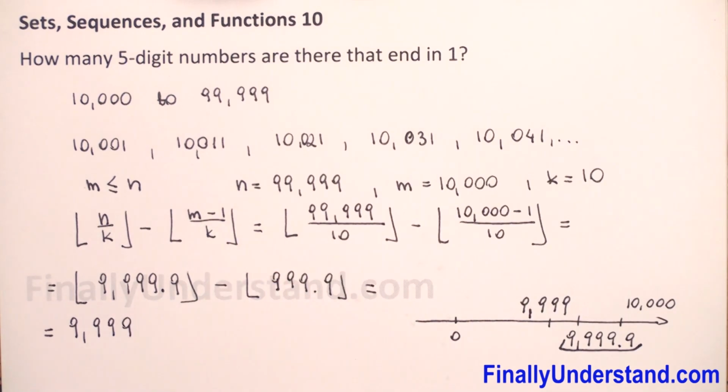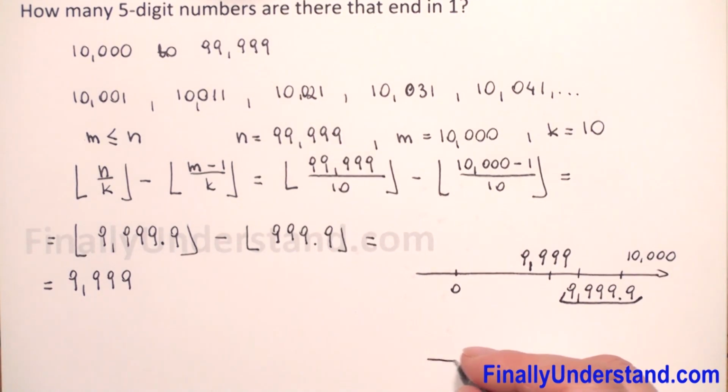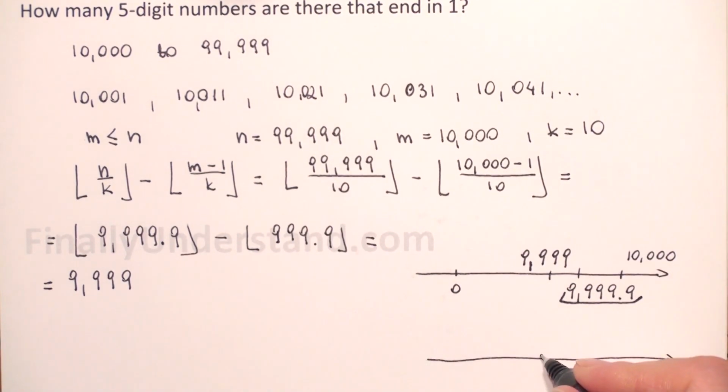So this is equal to 9,999. And for the next number, let me draw another number line. We have 0 and we have 999.9. This number is between 1,000 and, on the left side, 999.